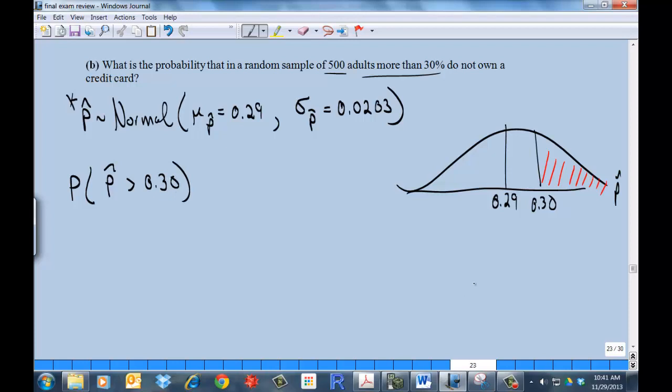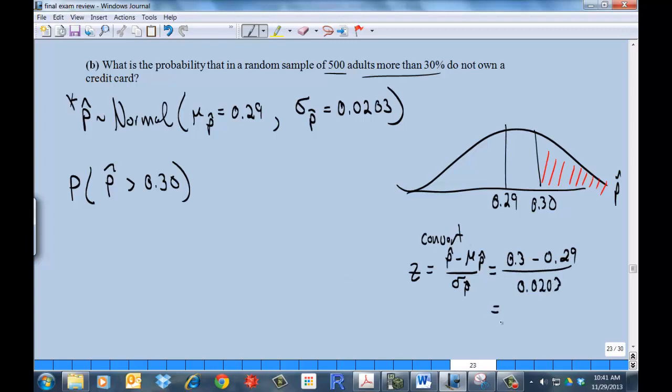So what we have to do is convert our boundary point using the z-score, p hat minus mu p hat over sigma p hat. So p hat is 0.3 minus mu p hat, 0.29, over sigma p hat, 0.0203.